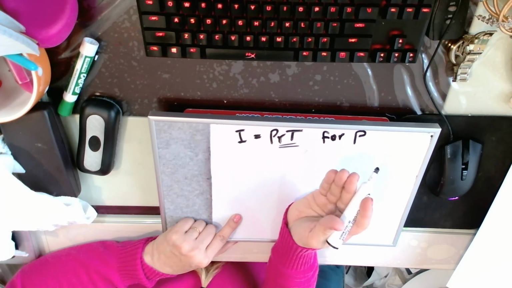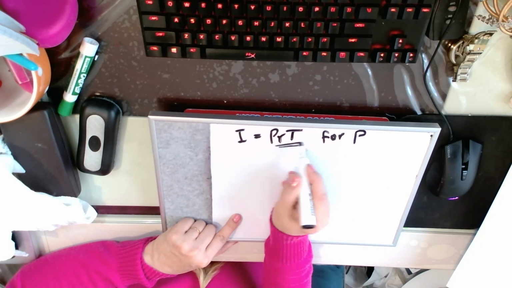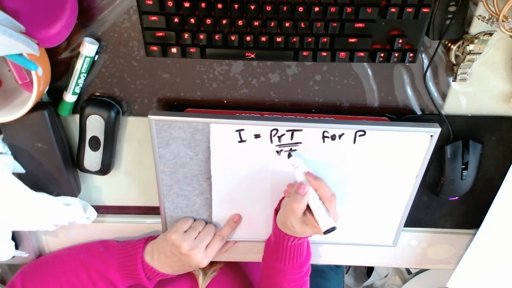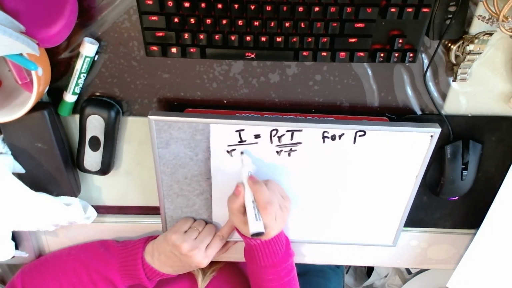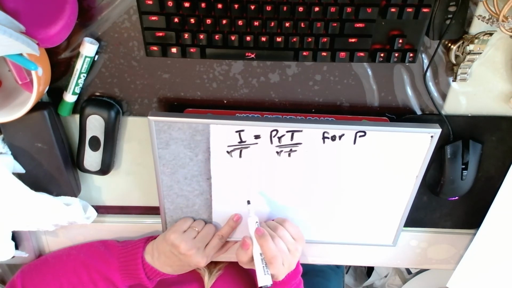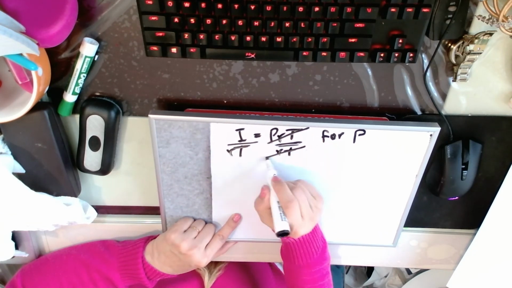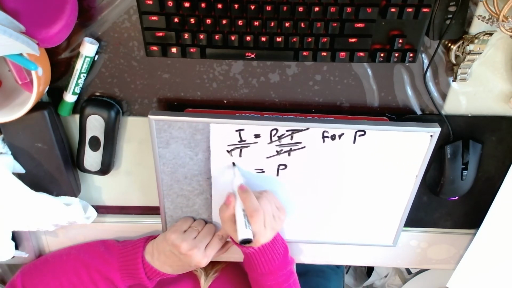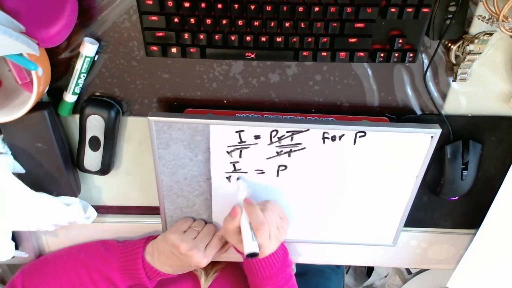How are we going to get rid of RT? By dividing by RT. And because you divided this side, you have to divide the other side also by RT. So this cancels with this, leaving P, and this one is going to be I over RT.